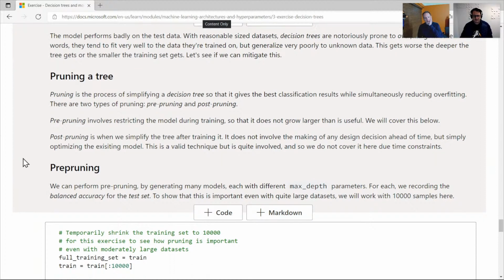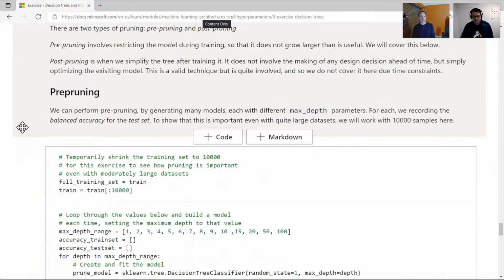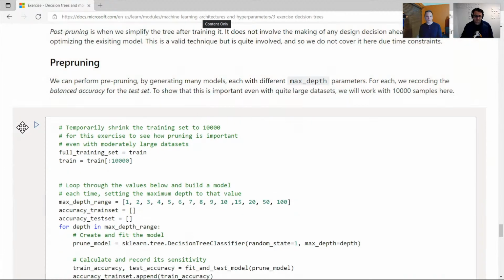Well, one is an analytical approach, which is not what we're going to do here right now. But what we are going to do with post-pruning is literally just train models and see at what point they start to diverge. It's kind of a variation on something we use in other types of model training, early stopping.